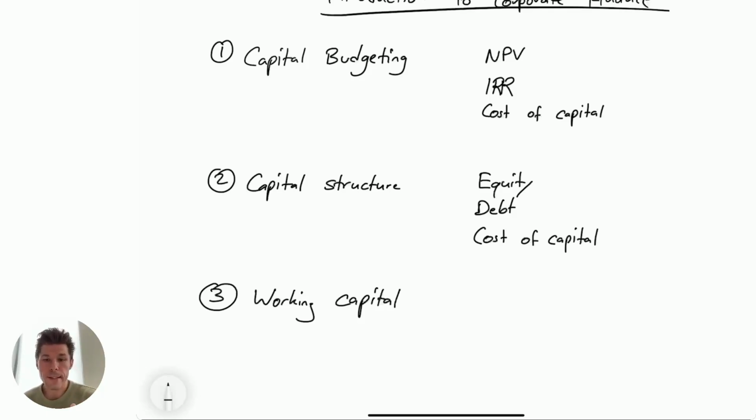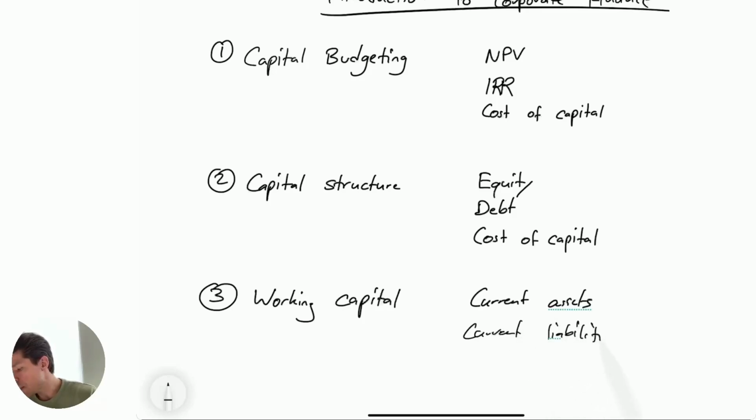How would you collect customer payments? When would you pay suppliers? That's all about working capital. Here the focus is on current assets, current liabilities, the cash conversion cycle, and so on. These are the three main areas in corporate finance.